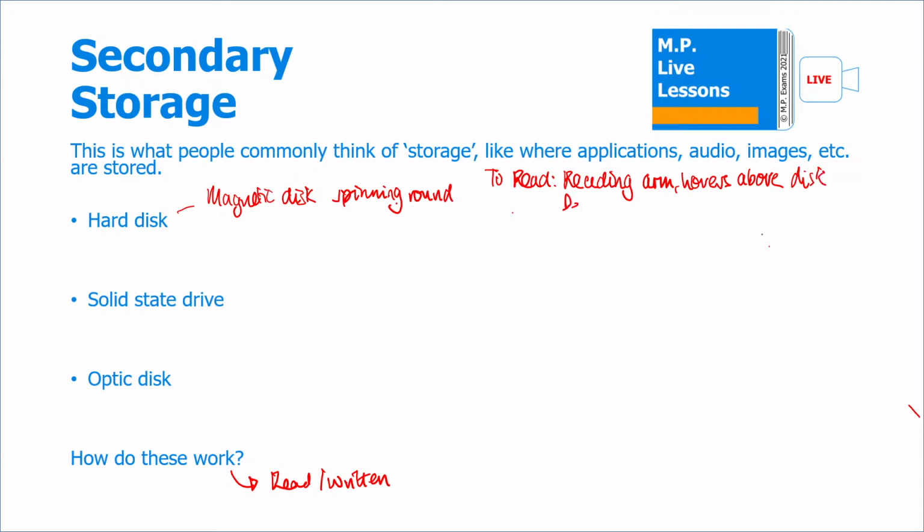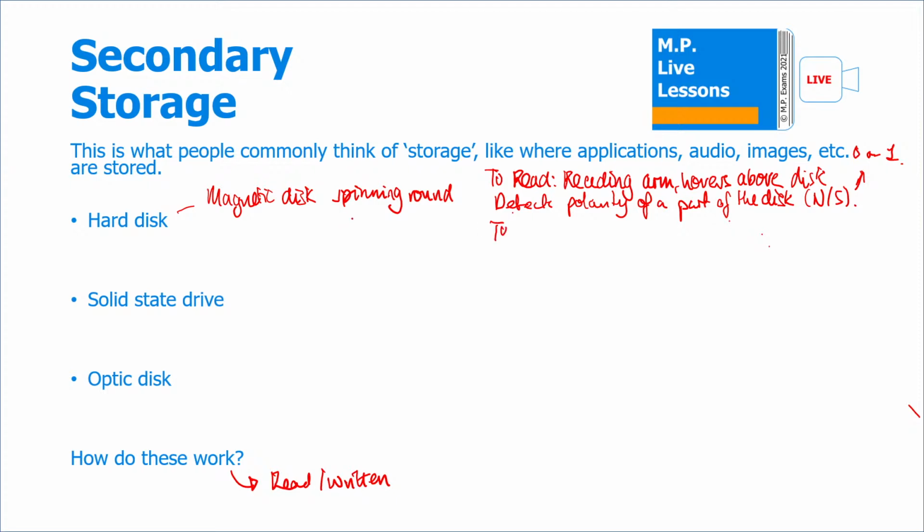What it does, it detects the polarity of the disc section. For example, that's if it's north or south. And that determines if it's a 0 or a 1.